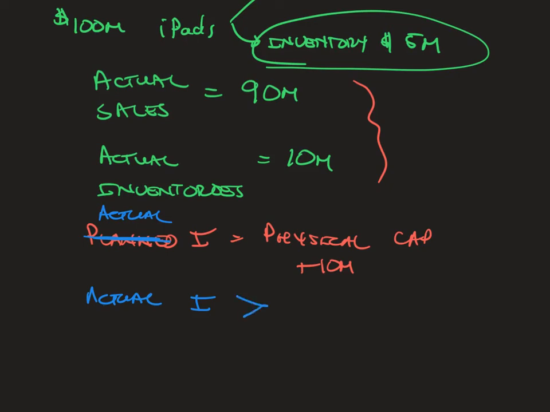Is going to be greater than planned, right? Because we have picked up more in inventory. There was an unexpected increase in inventory that's going to show up as production today, but it's going to drive our production decisions in the future. If I have this extra inventory, I'm going to end up producing less in the future.